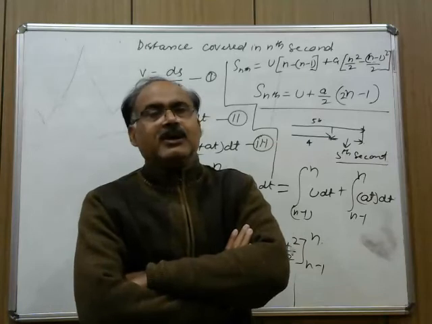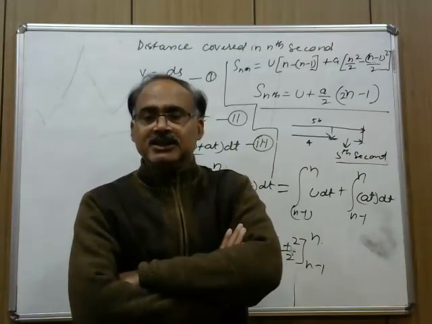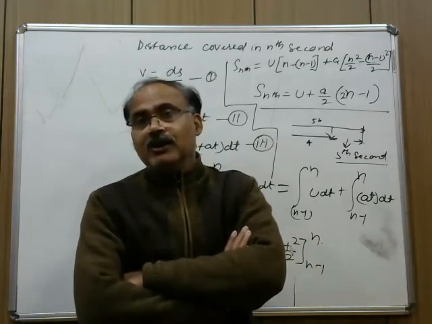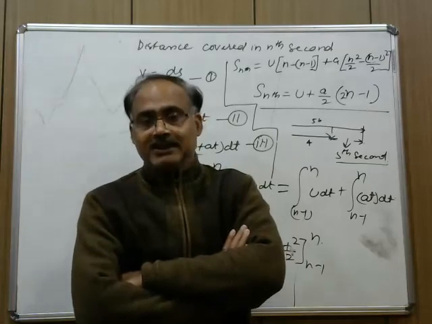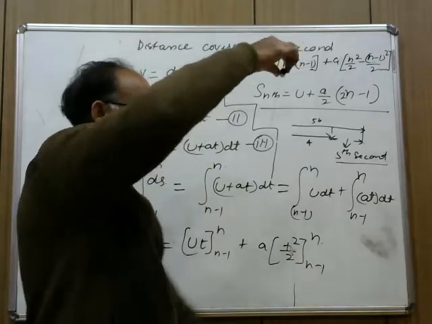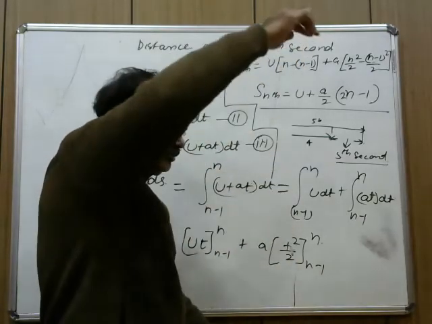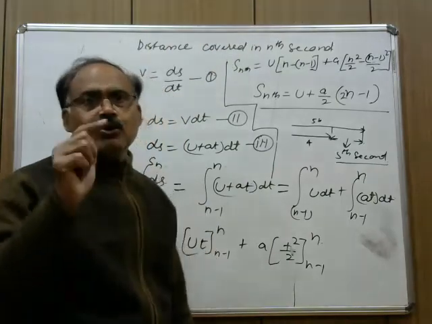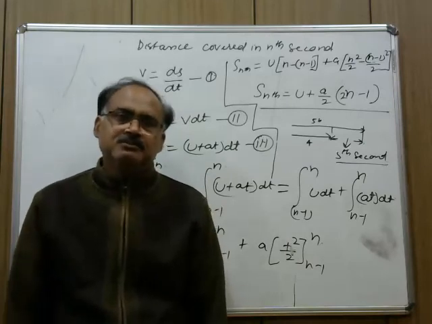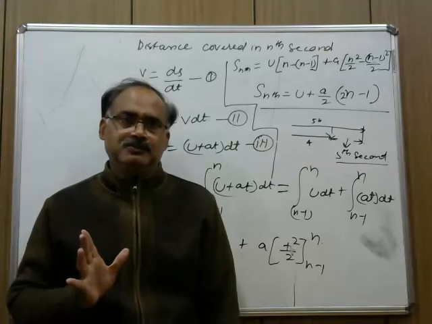Now, if a body is dropped from height h, then its initial velocity is 0, but its velocity will not be equal to 0 if it is thrown with a velocity. So there are two cases: one, dropped, and second, thrown. In the case when the body is thrown in a vertically downward direction, its initial velocity will not be equal to 0.